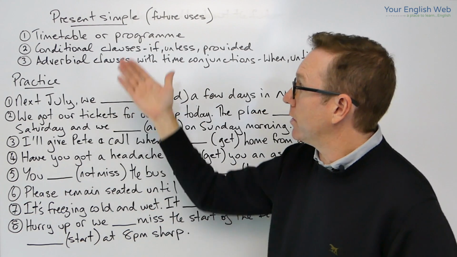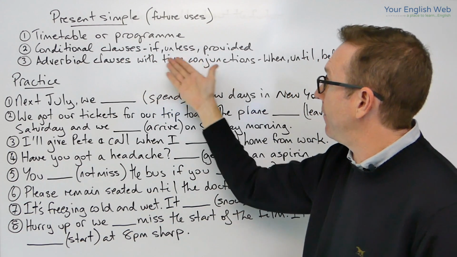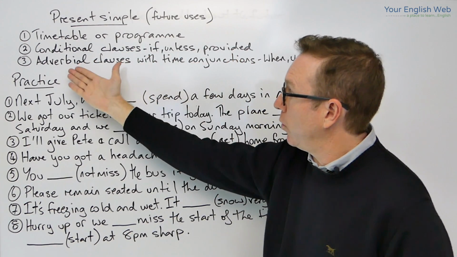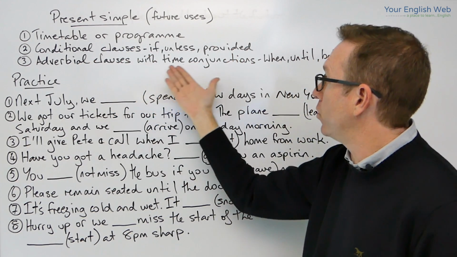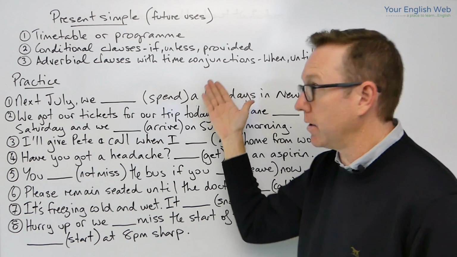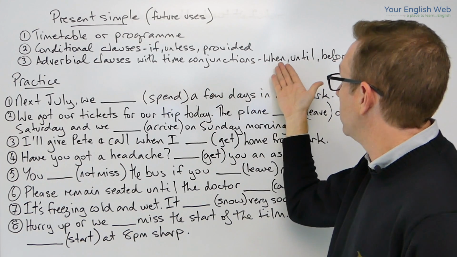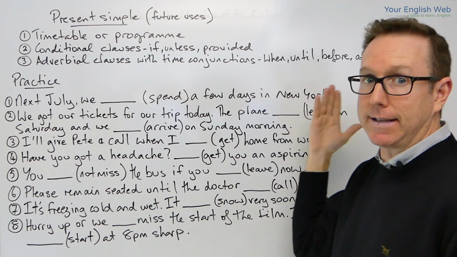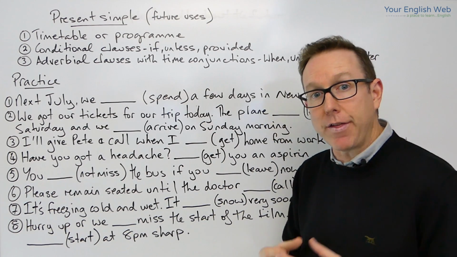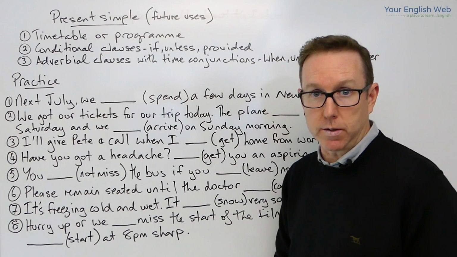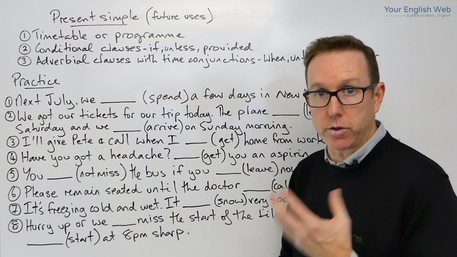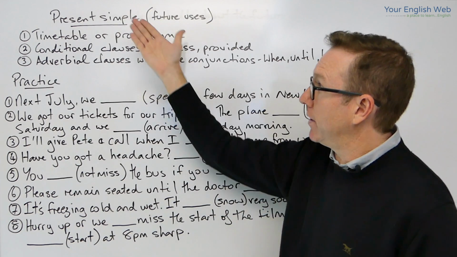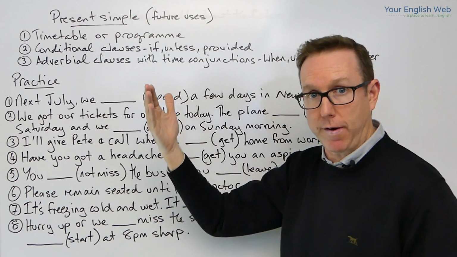Also, when we use conditional clauses with if, unless, and provided, etc. And also with adverbial clauses with time conjunctions, for example, when, until, before, after, etc. Now these are subordinate clauses. So in the two clause structure, it's the subordinate clause that will take the present simple for the future reference.